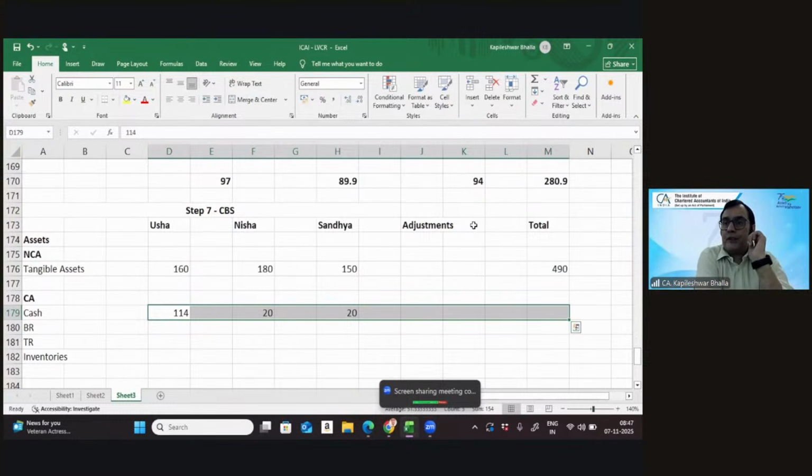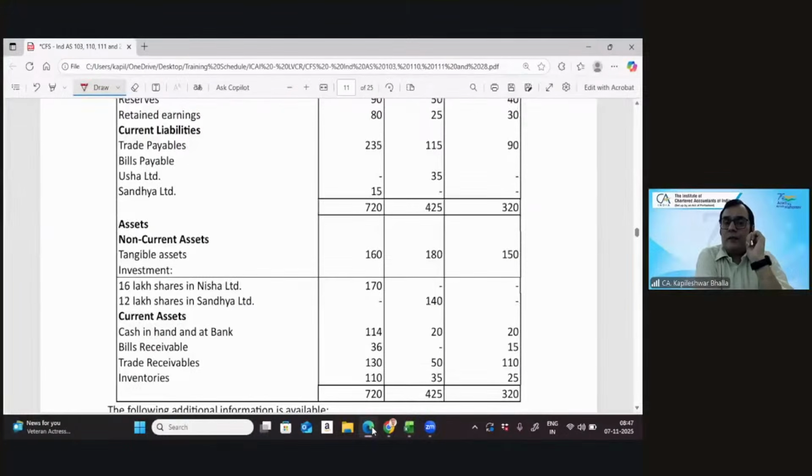No adjustments available. Then let's take the bill receivable, 36. Is there any intercompany owings on the bill receivable front? If you look at the liability side on the bills payable, do you see the bills payable Usha is 35 and Sandhya is 15?